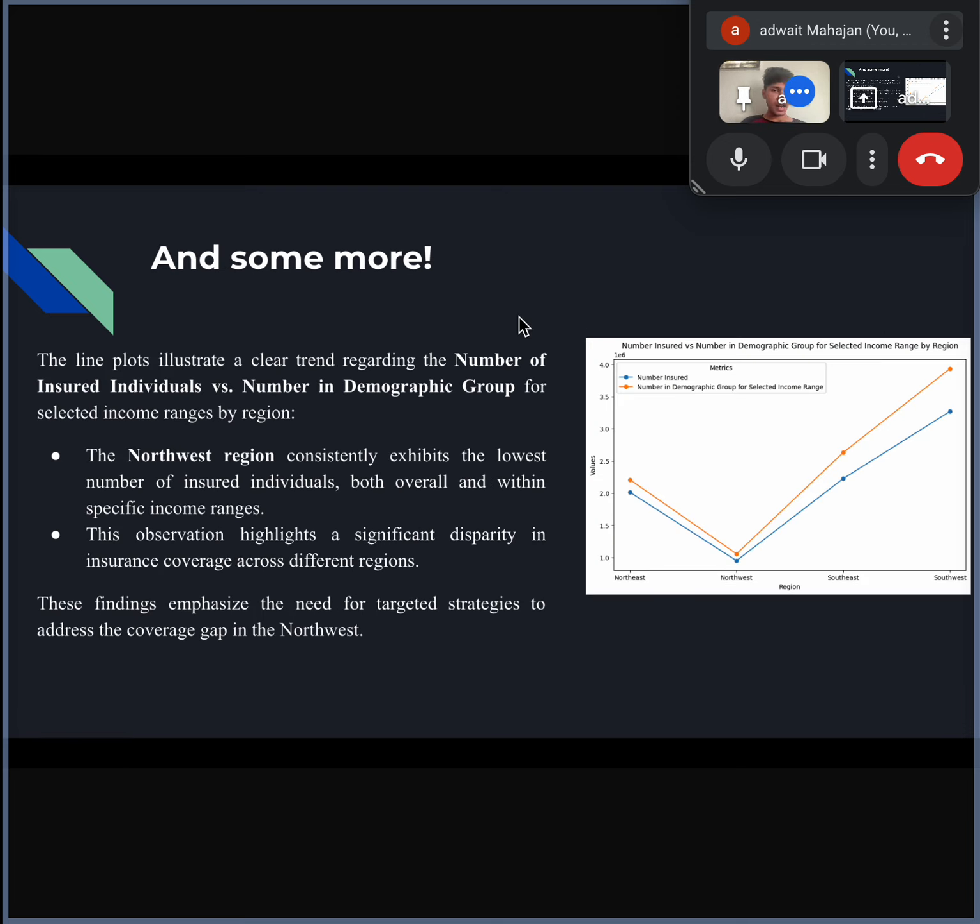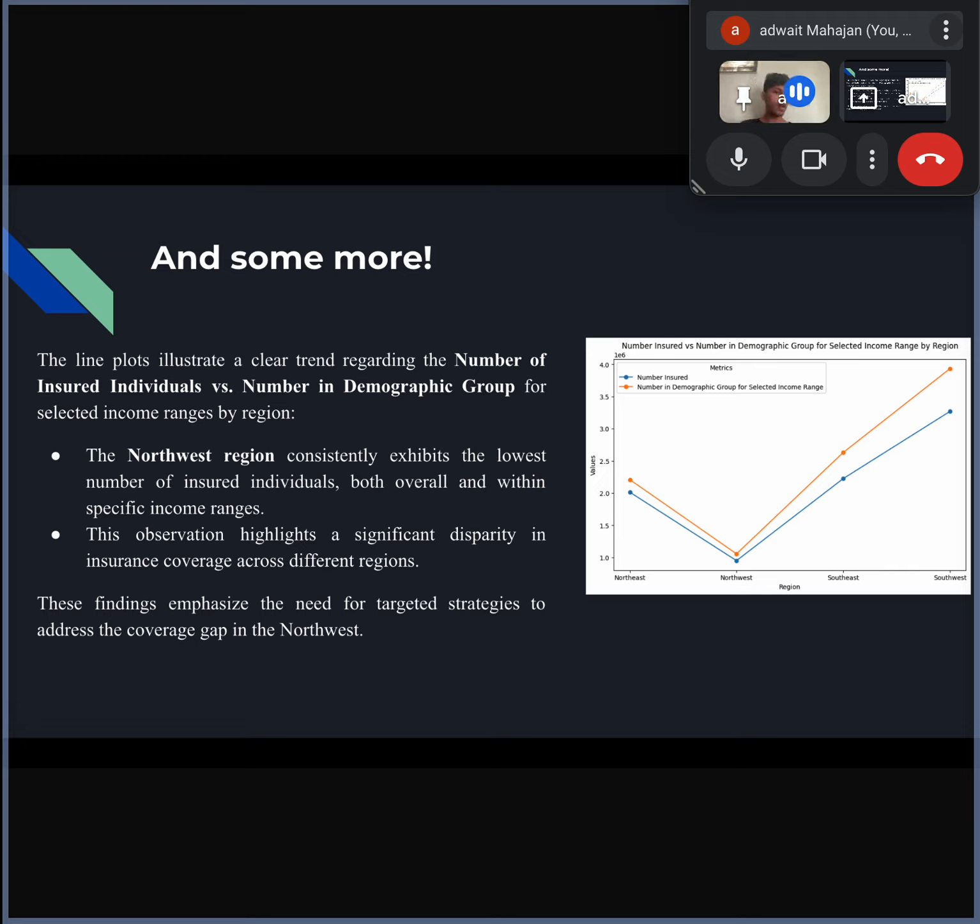Another trend that I saw was with the help of this particular line plot, which shows the number of insured individuals versus the number of insured in some demographic group for a selected income range in different regions in the US. From the graphs, you can see that the Northwest region consistently exhibits the lowest number of individuals, both across the income ranges and also within a specific income range.